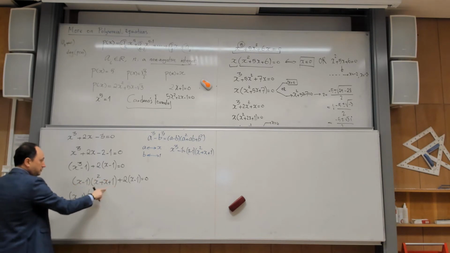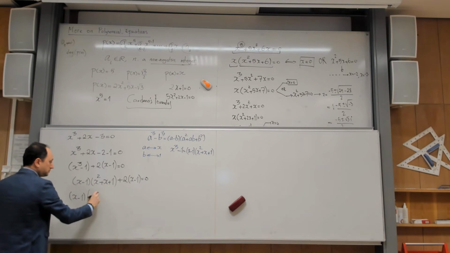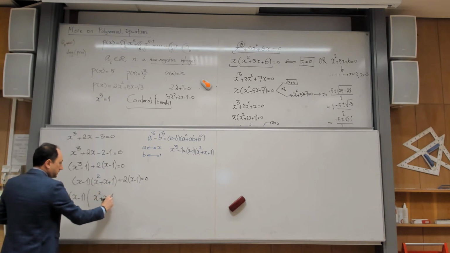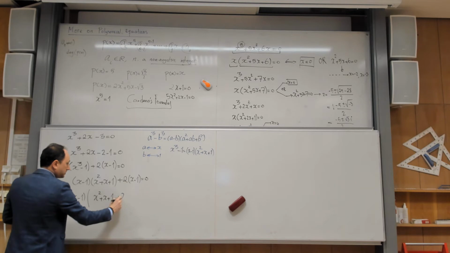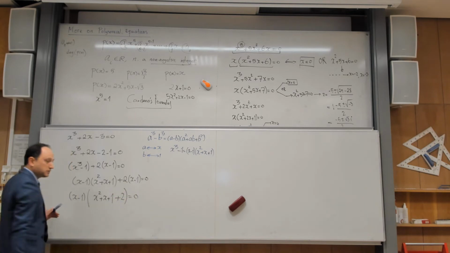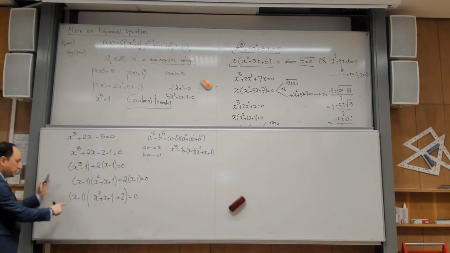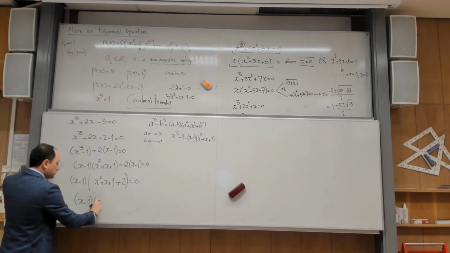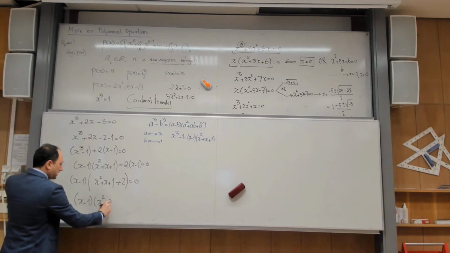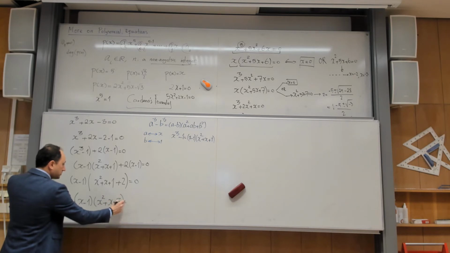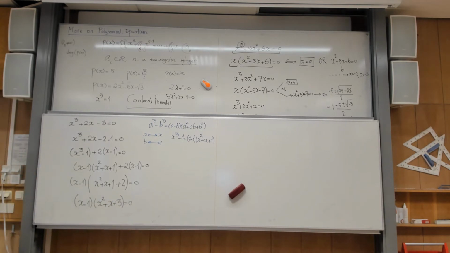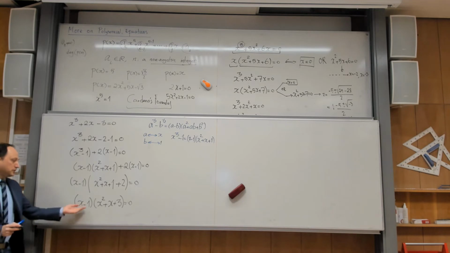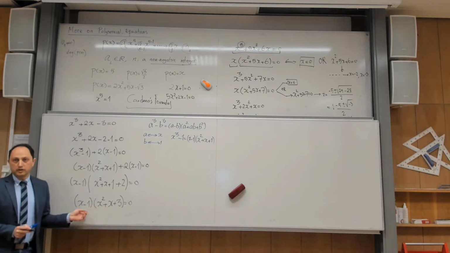So what is left for me is this part, and what is left here is that part. Yes? That's it. Because this becomes (x minus 1)(x squared plus x plus 3) equals to 0. You in principle shouldn't have any problems to solve this one, yes?